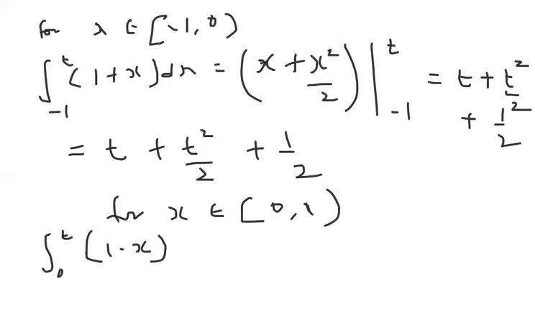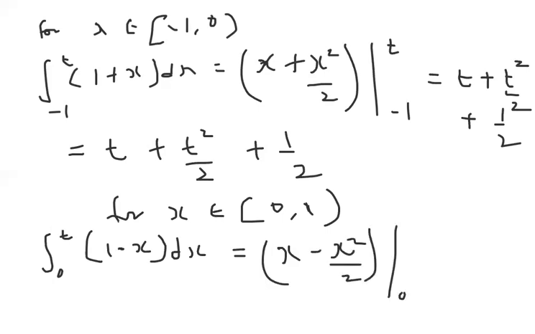When I integrate, I have x minus x squared all over 2 from 0 up to t, which gives t minus t squared over 2.